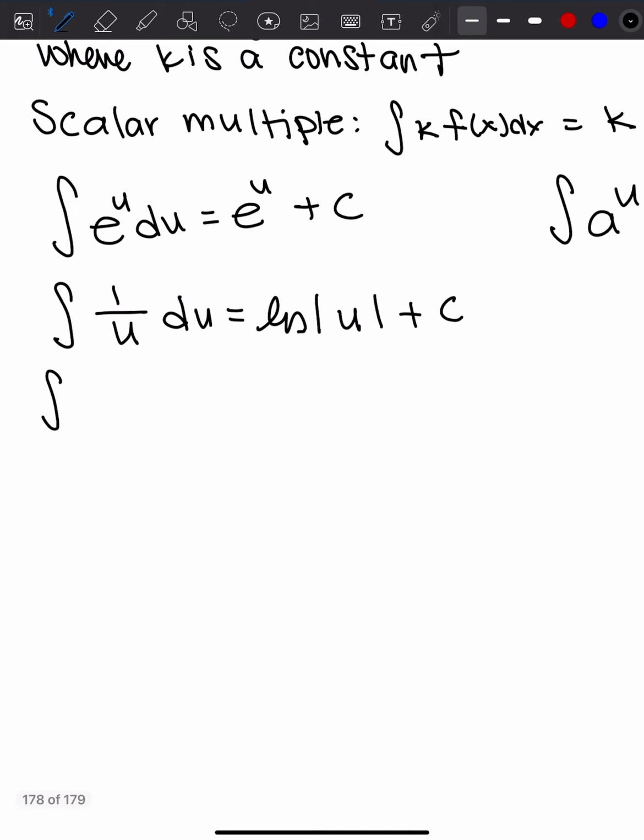If we go backwards for all of our trig functions, sine's integral is cosine, but if I take the derivative of cosine, we have an extra negative in here, so the integral of sine happens to be negative cosine.